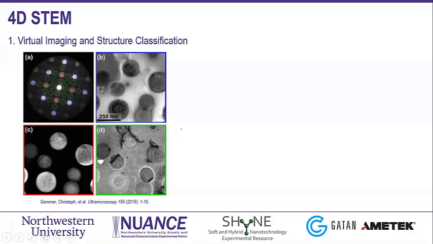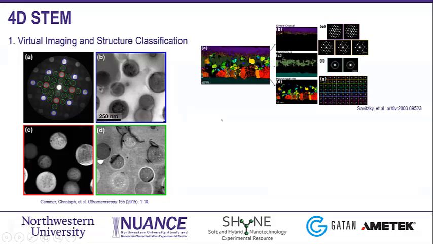So this is already great, right? You can collect a bunch of data on that sample, lots of diffraction patterns, and then play with that for the rest of your PhD, basically, with 4 terabytes of data. Other things that you can do include structure classification. You can differentiate, for example, amorphous from single crystal from polycrystalline.